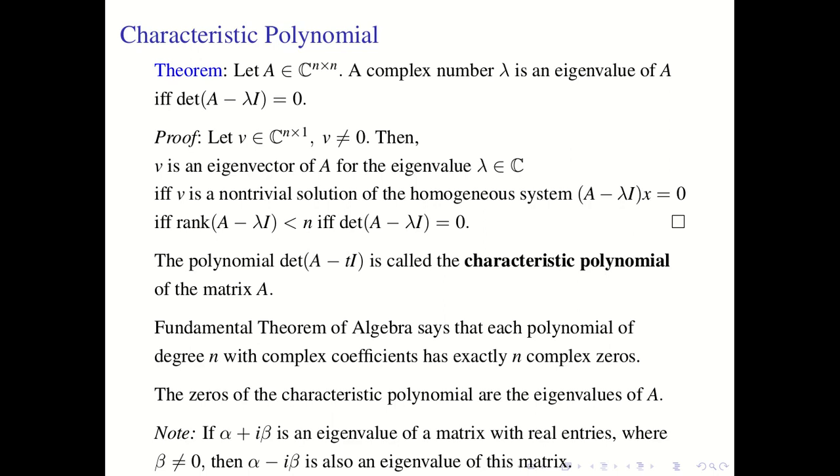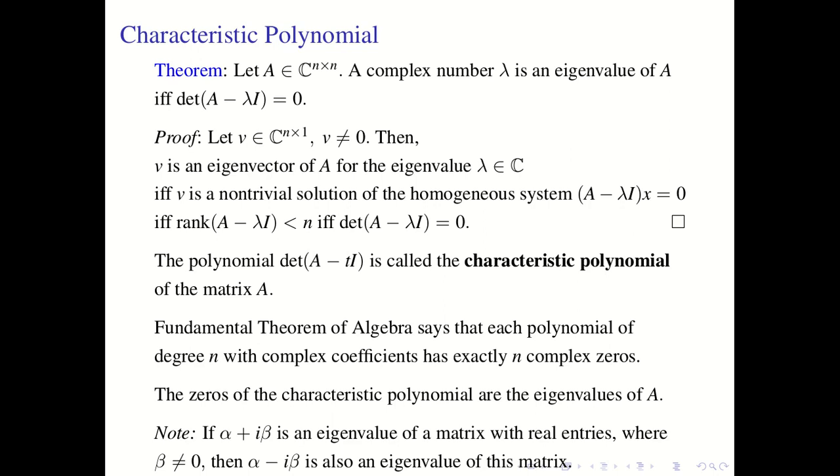Now look at this polynomial, determinant of A minus tI. Take t as an indeterminate. This polynomial is called the characteristic polynomial of the matrix A. And the previous theorem says that lambda is a root of this polynomial if and only if lambda is an eigenvalue.